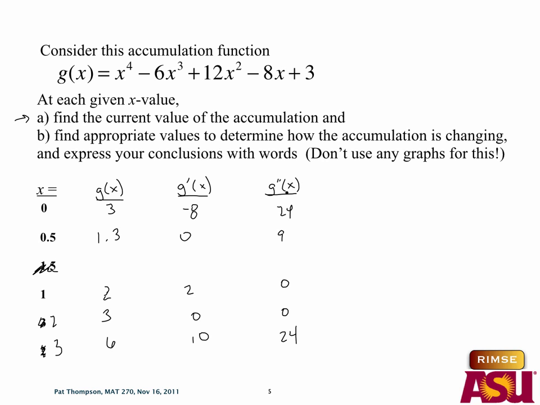But let's talk about what these numbers mean. The function value is 3, the rate of change is -8, and the rate of change of the rate of change is 24. What does that tell me about the behavior of the function g around x equals 0?